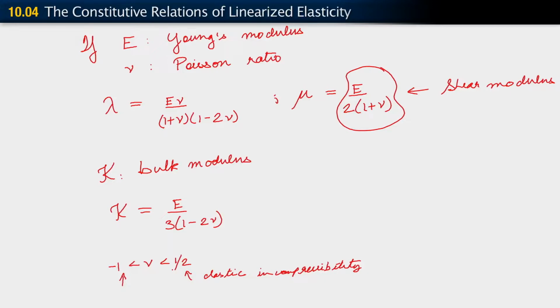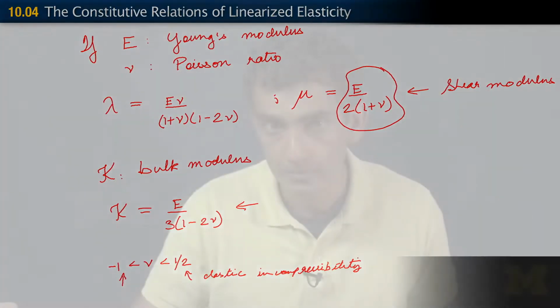Also you may be able to see why nu equals half is the limit of incompressibility, because it makes the bulk modulus unbounded. So you have a material that's very, very stiff to compression.